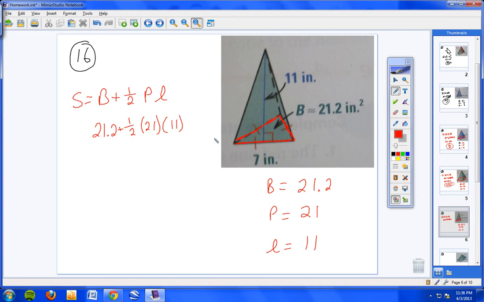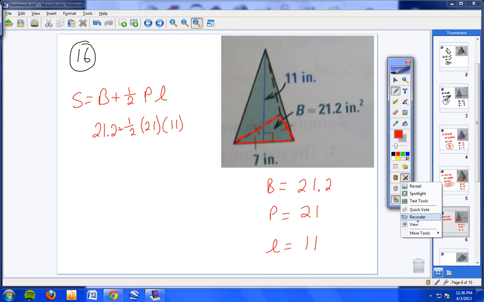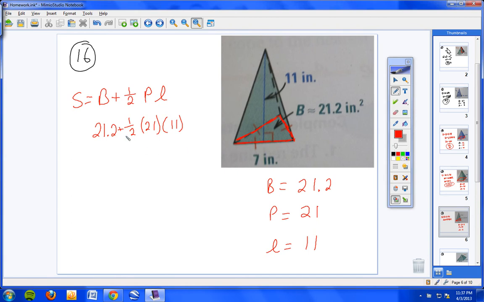If you multiply these three numbers together, you get 115.5. Bring down your 21.2. Now if we add those two numbers together, we get 136.7, and that would be inches squared.